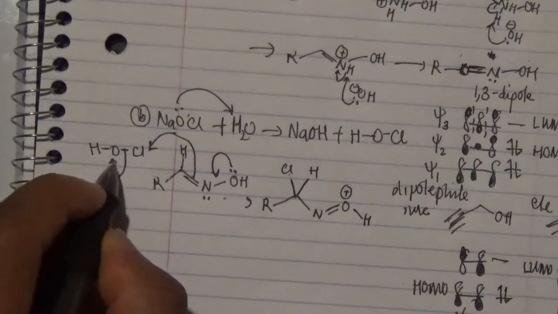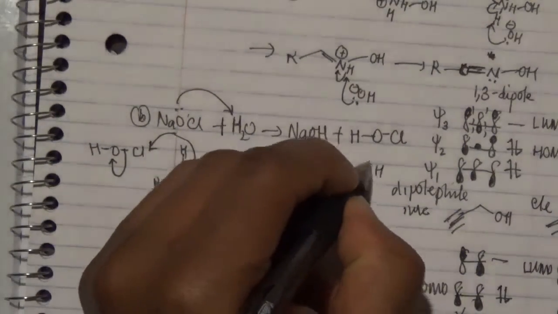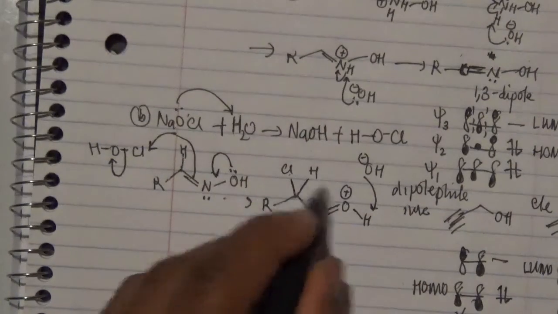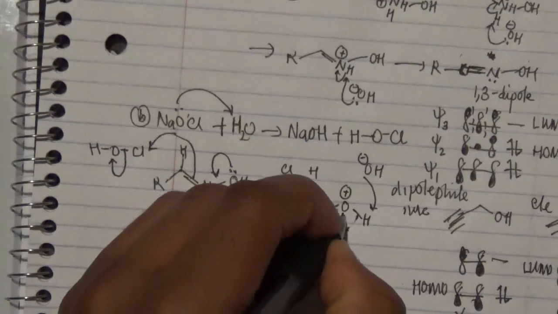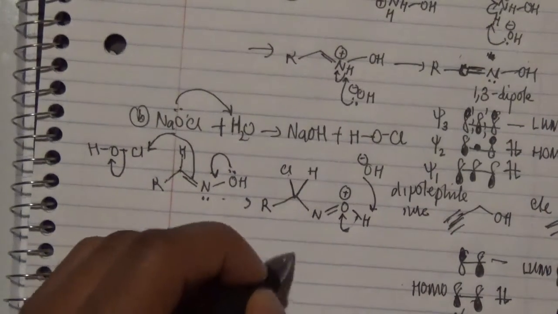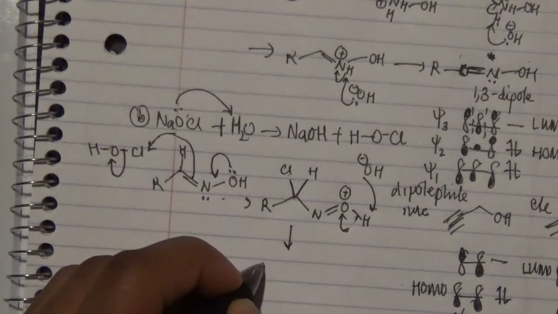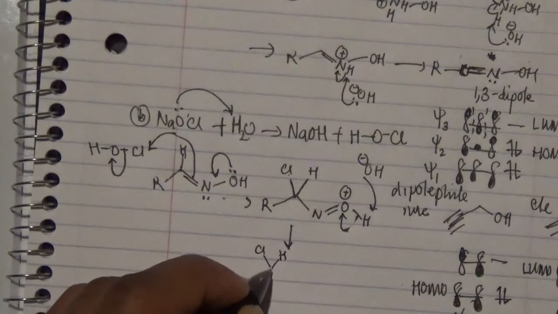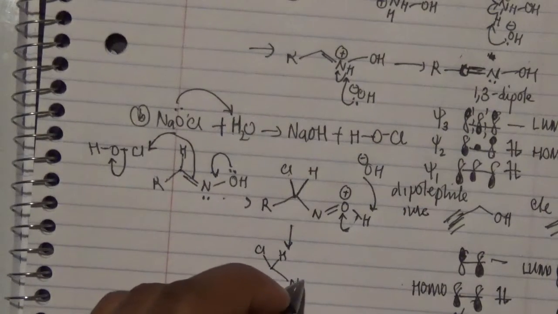Now, since you know that you have a hydroxide functional group outside there, this hydroxide comes over here and extracts this hydrogen, thereby deprotonating the species, and then this bond forms a lone pair on the oxygen, thereby making this oxygen neutral. So what that results in is the formation of a nitroso functional group, where we have chlorine attached to the carbon, and this carbon attached to the hydrogen, and this carbon attached to the nitrogen.